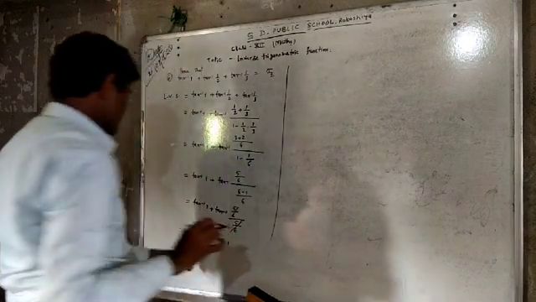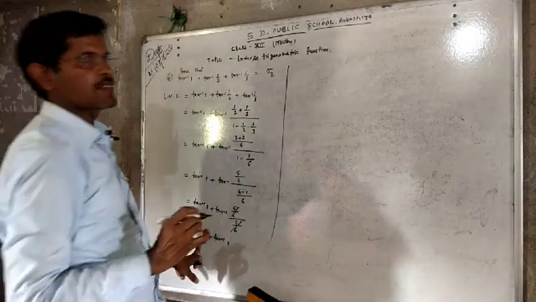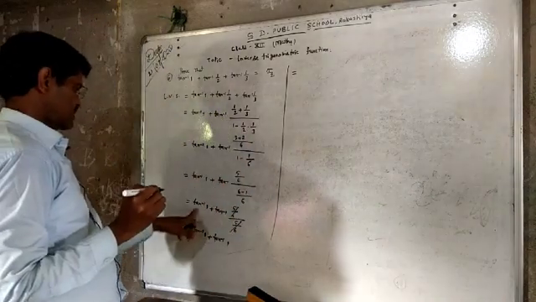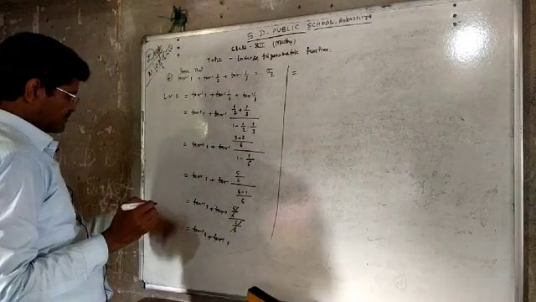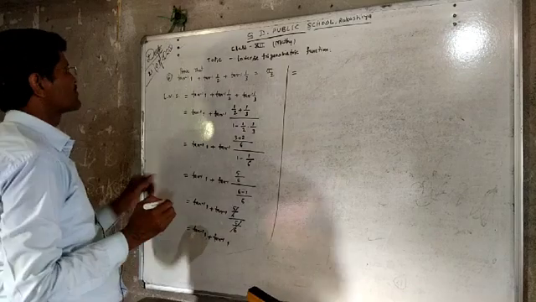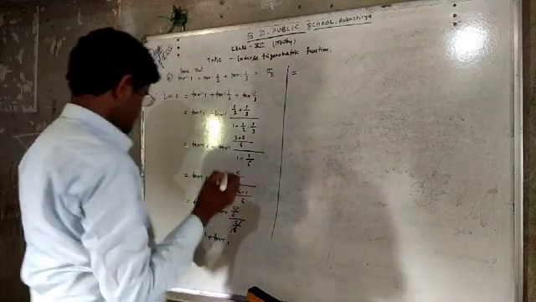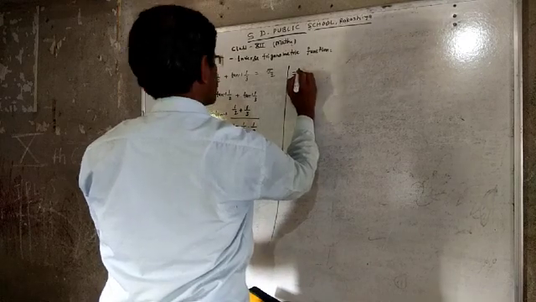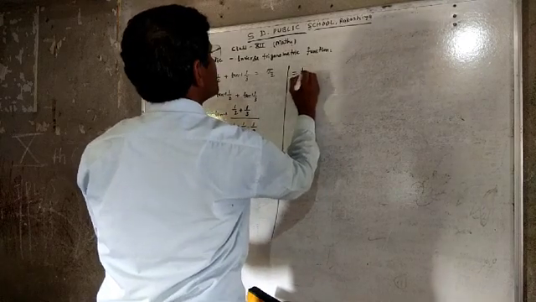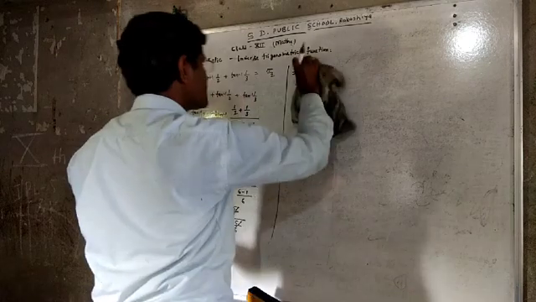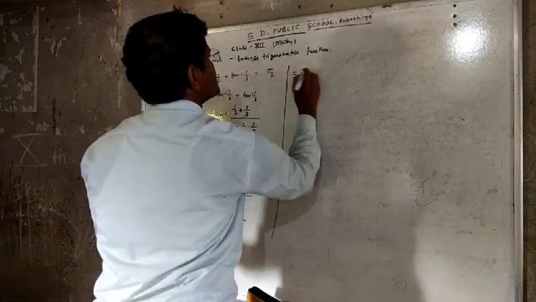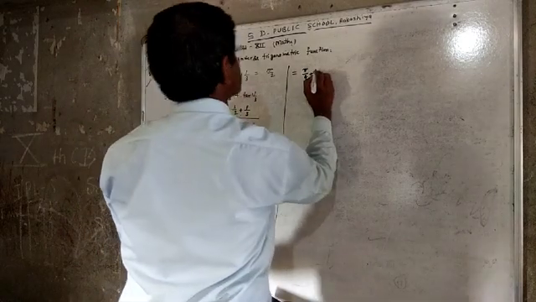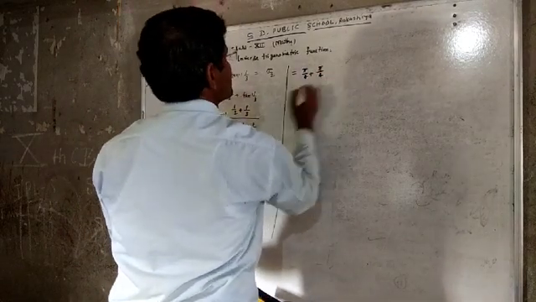Then we know that the value of tan inverse 1 is equal to pi by 4, or we can solve this problem by the formula. The simple form is using the value of tan inverse 1, which is equal to pi by 4, plus again the value of tan inverse 1, which is pi by 4.